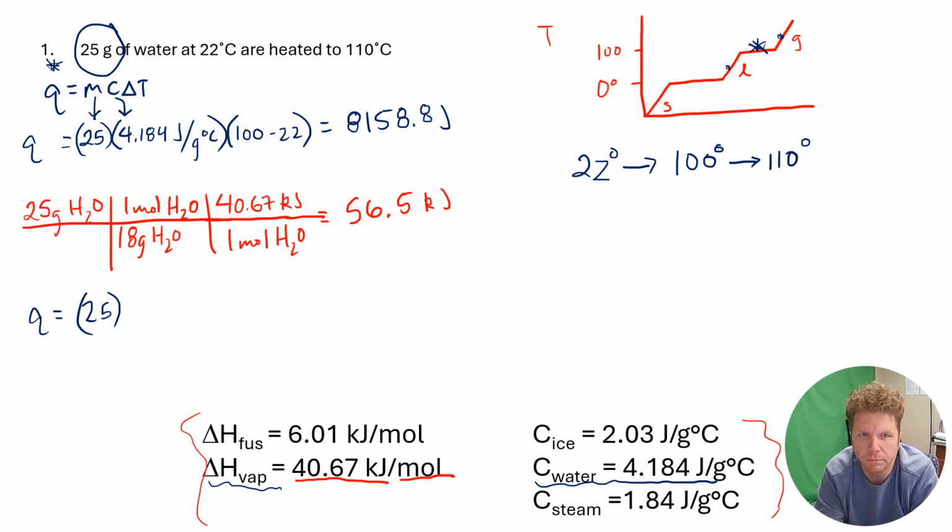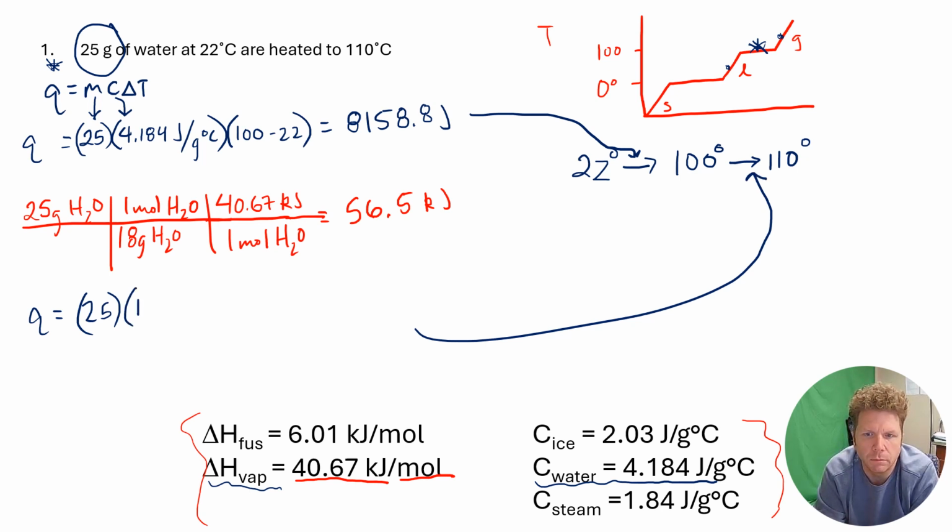This calculation is going to be pointing an arrow there. 25 times 1.84 joules per gram degree Celsius times 110 minus 100.